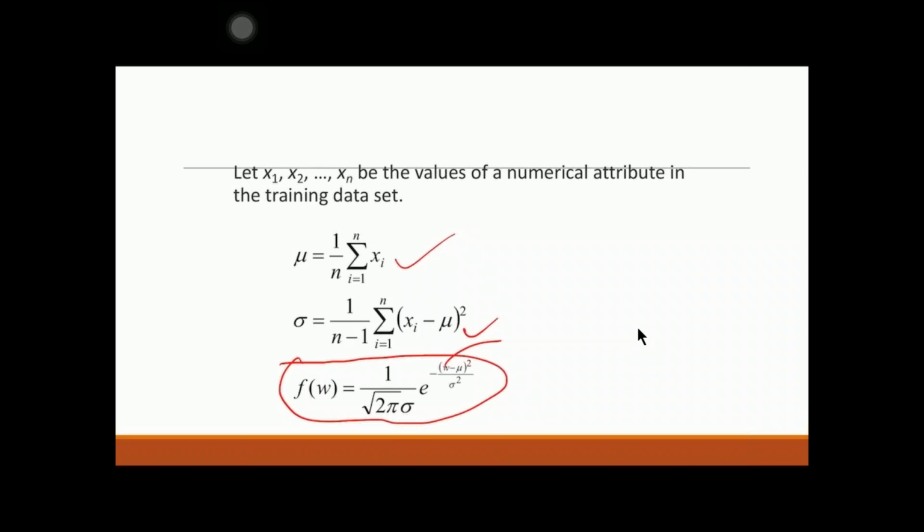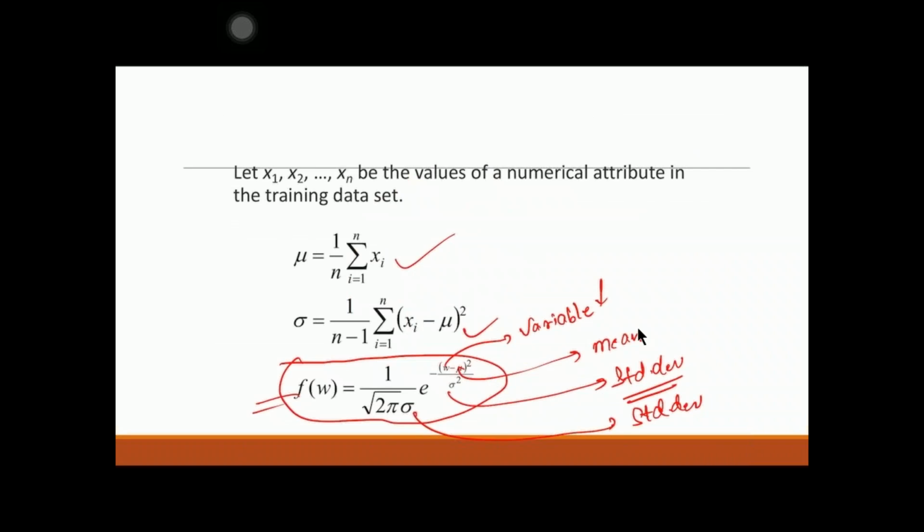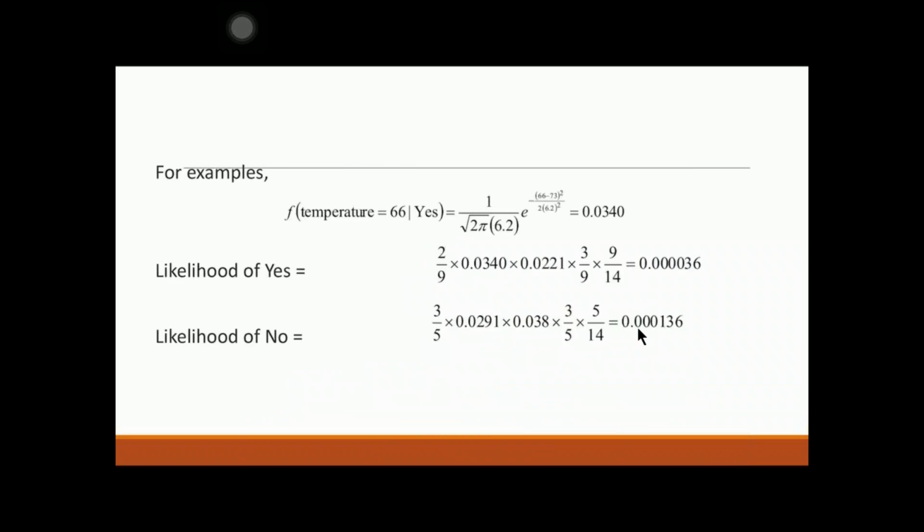You feed in your new variable, with this mean and this standard deviation, and from this equation you get the probability. So if I want to find out for 85, you feed 85 into this equation, the mean is there, and accordingly the probabilities will come.